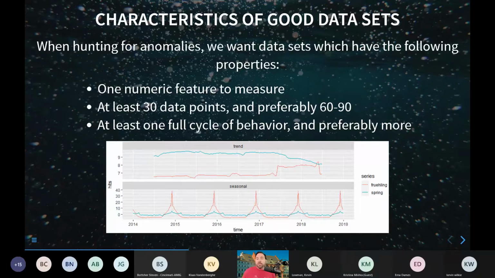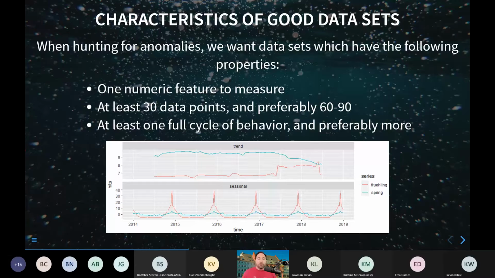Also, you may have cyclical behavior. So think about a number of items sold. Let's say that you run a shop, and you look at the number of items sold over the course of a month. Certain days of the week, shops tend to have more traffic than other days. Certain times of the day, shops tend to have more traffic. If you're running a grocery store, Tuesday afternoon, 2 p.m., is usually not a really busy time.